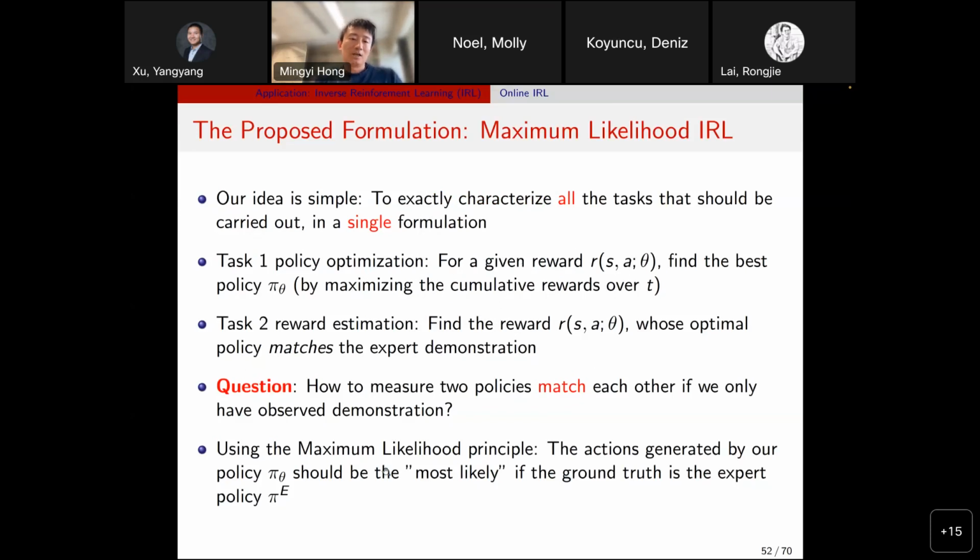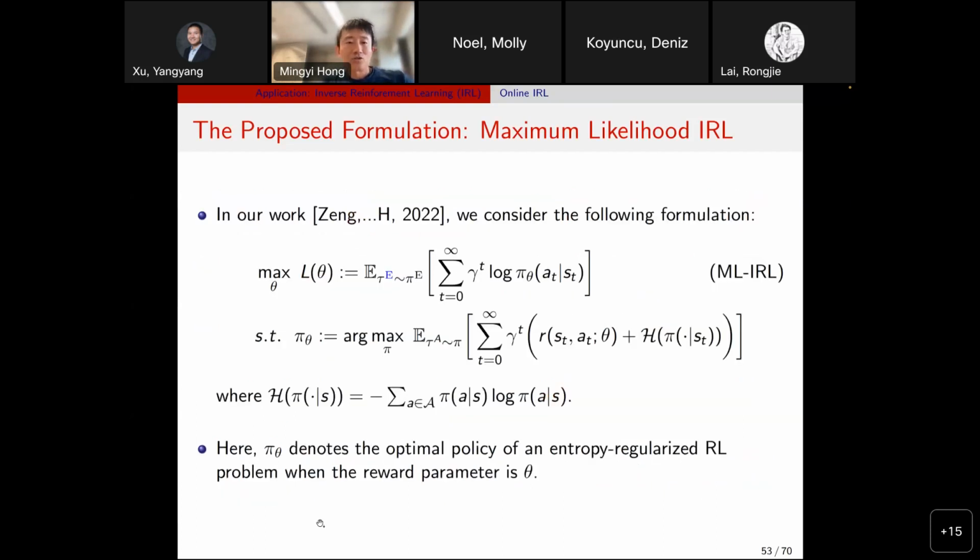What we propose here is to use the maximum likelihood principle. The action generated by our policy pi should be most likely if the ground truth is the expert policy pi_E. So we have this formulation where the lower level problem is finding the policy. For a given reward function, I try to find the best policy pi_theta for the current reward.